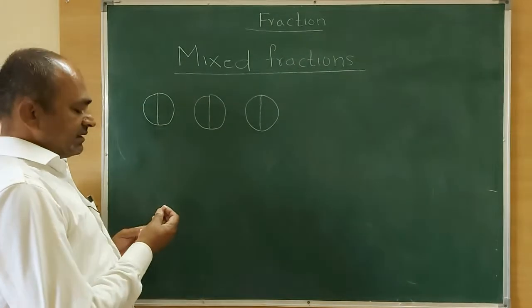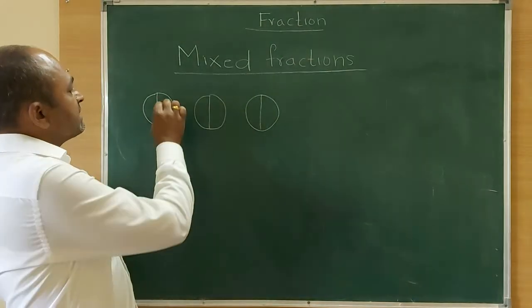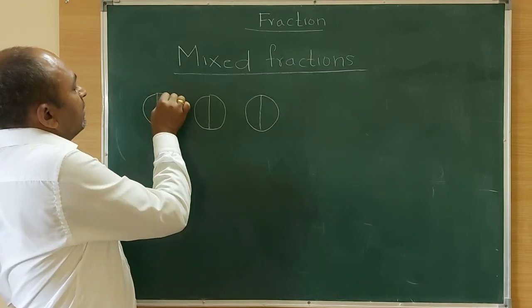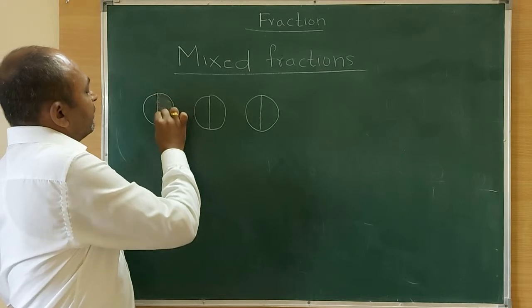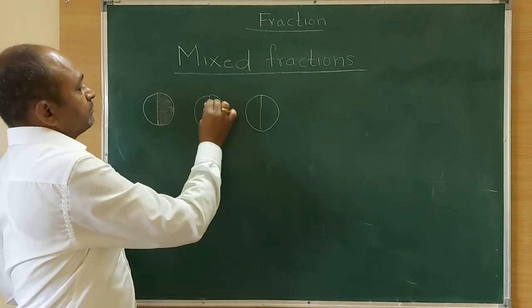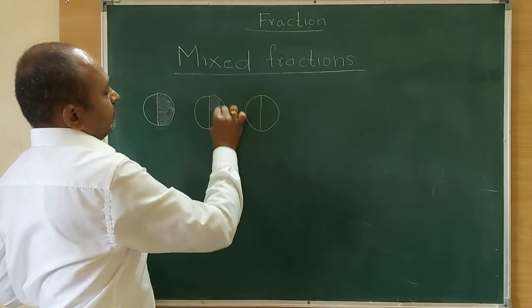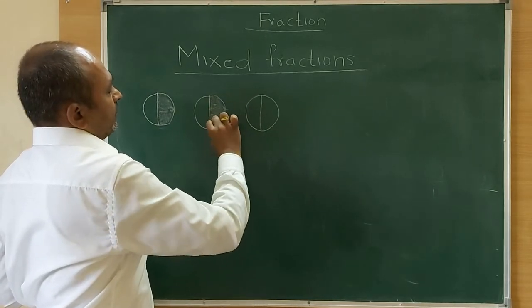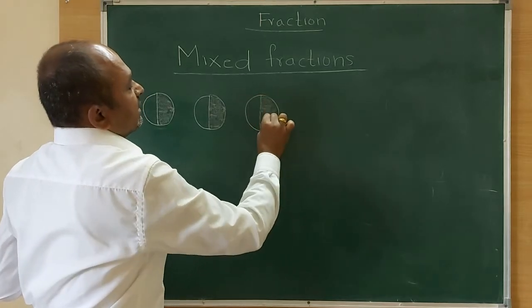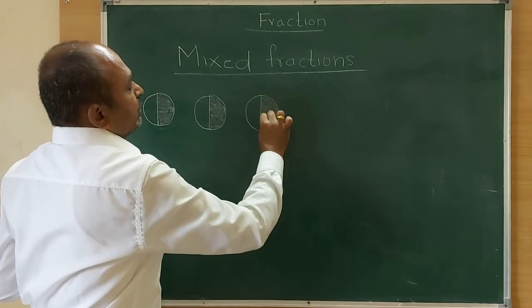I have divided each circle into two equal parts, and I will color half of the part of each circle here. So each circle is divided into two equal parts.